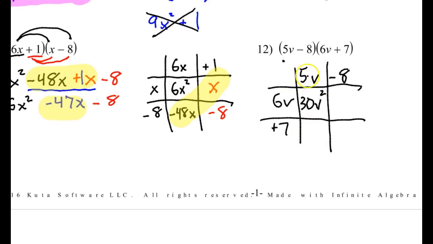In this box we'll have 5V times 7, so 7 times 5 is 35. Over here we'll have negative 8 times 6, negative 48V. And then here we'll have negative 8 times 7, negative 56.